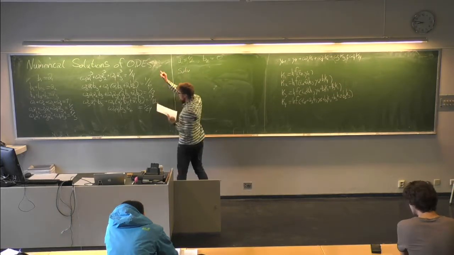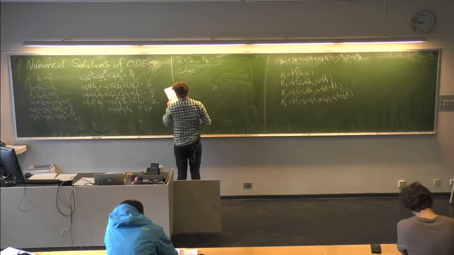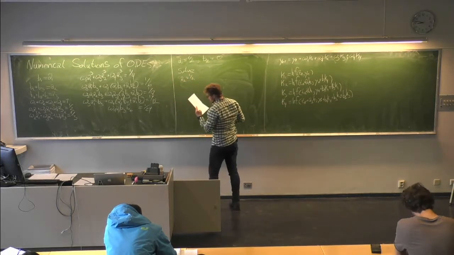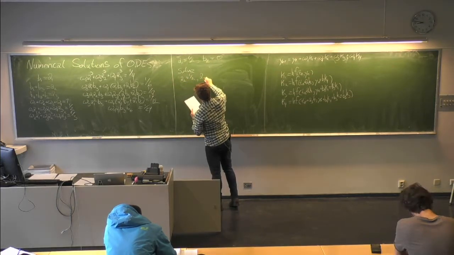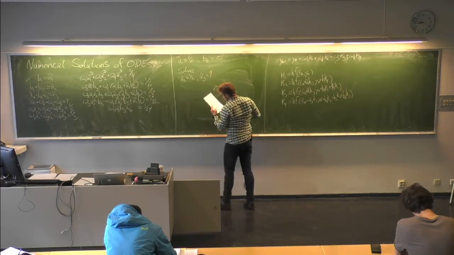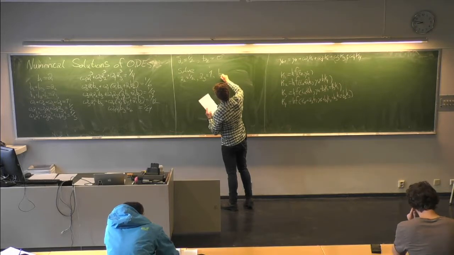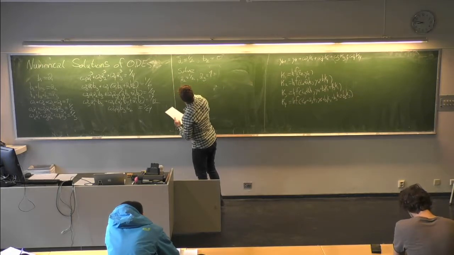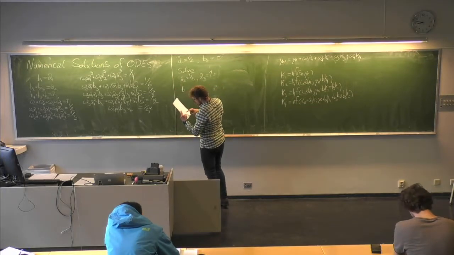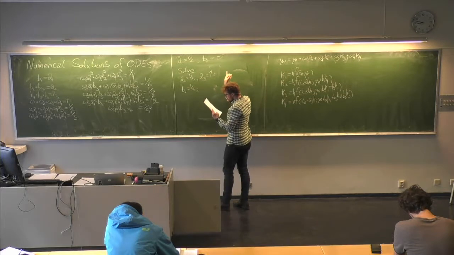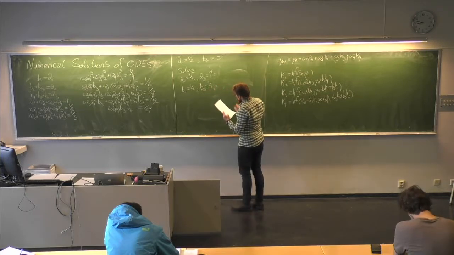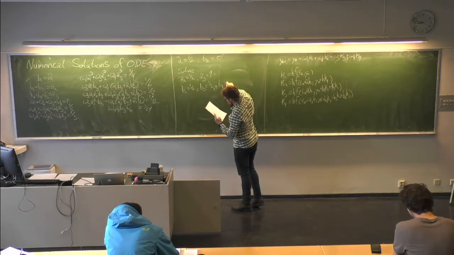Then we can solve the rest. A2 is a half, A3 is 1. B1 is half. We have already picked B2. B3 should be half, and B4, 0.